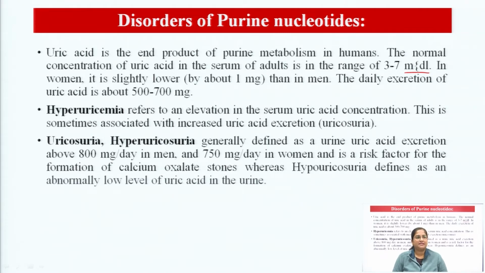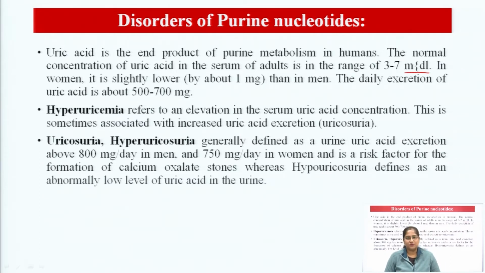In women it is slightly lower, about 1 mg lower than men. That means if men have 3 to 7 mg per dl, then women will have around 2 to 6 mg per dl. The daily excretion of uric acid is about 500 to 700 milligrams from our body.